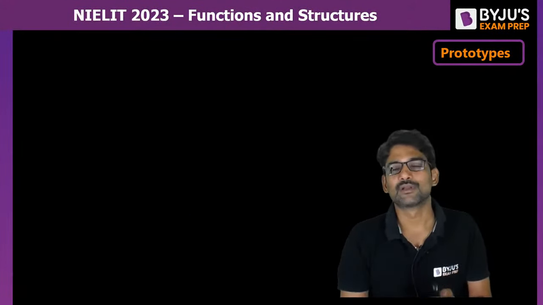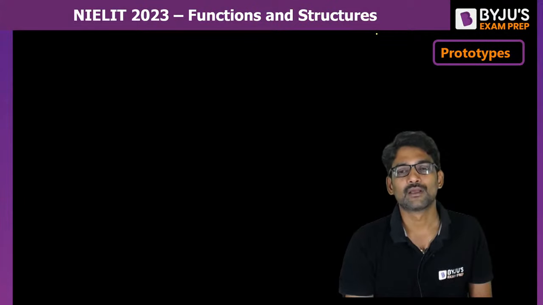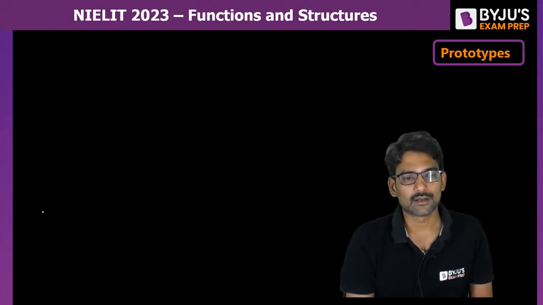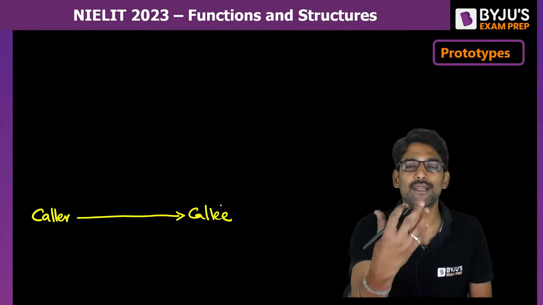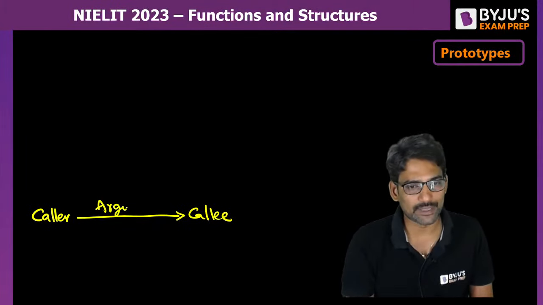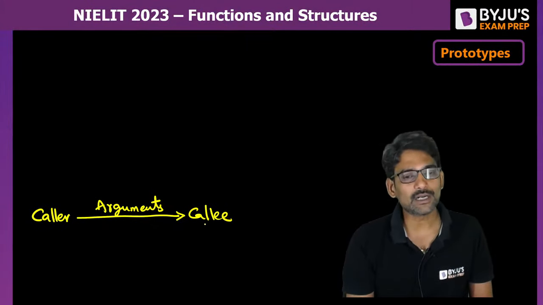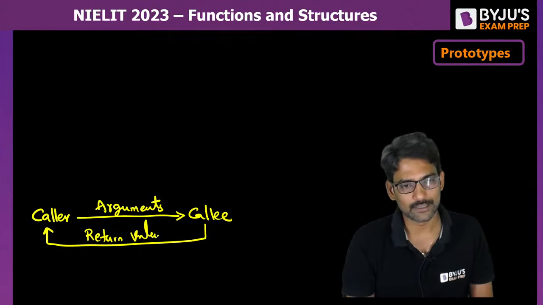Now, from caller function to callee function, whenever you call any function, you may give arguments, inputs, to the function, and what it gives you back is called the return value.